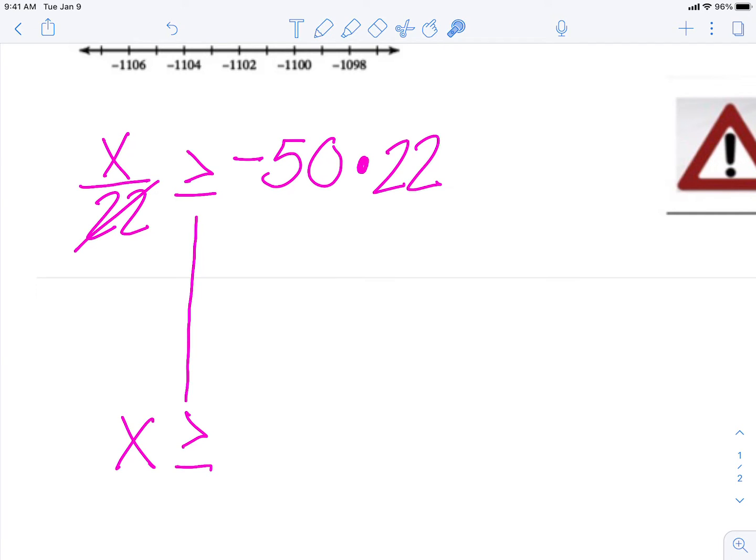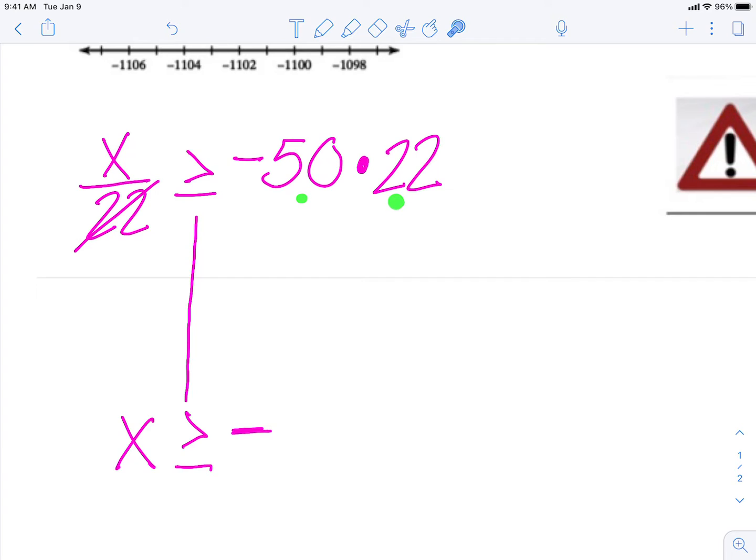I know what you're thinking: wait, mister, but there's a negative here. That's okay, as long as this 22 was not negative. I didn't move a -22 over. I'm not multiplying by a -22. So this does not flip. It stays just like that one. A negative times a positive is a negative.